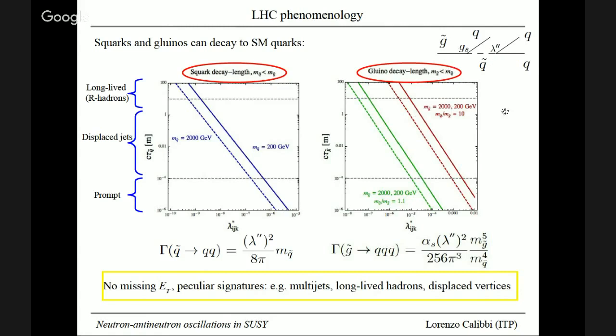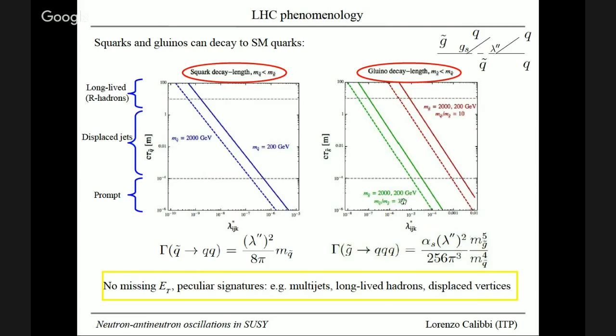So this is a three-body decay, and so it's further suppressed by phase space. So this is the reason why, on average, gluinos, if lighter than quarks, tend to be more long-lived. Here, if you can see, I start plotting from 10 to the minus 2.